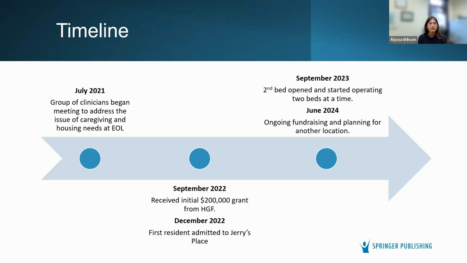And then we started looking at the social model hospice as a potential model. We applied for and received our initial grant through the Hospice Giving Foundation and admitted our first resident in December of 2022. And then in September 2023, we opened our second bed, and we've continually operated with those 2 beds. Currently going forward, we're looking at fundraising and then planning for another location.